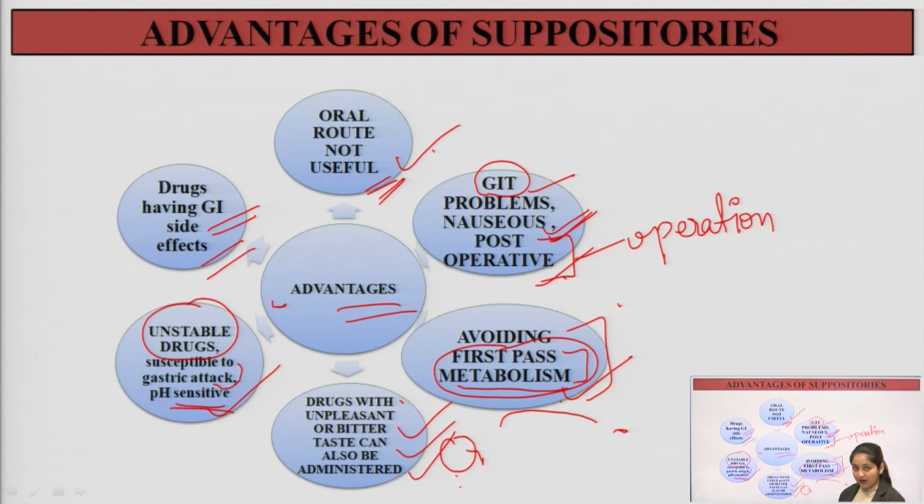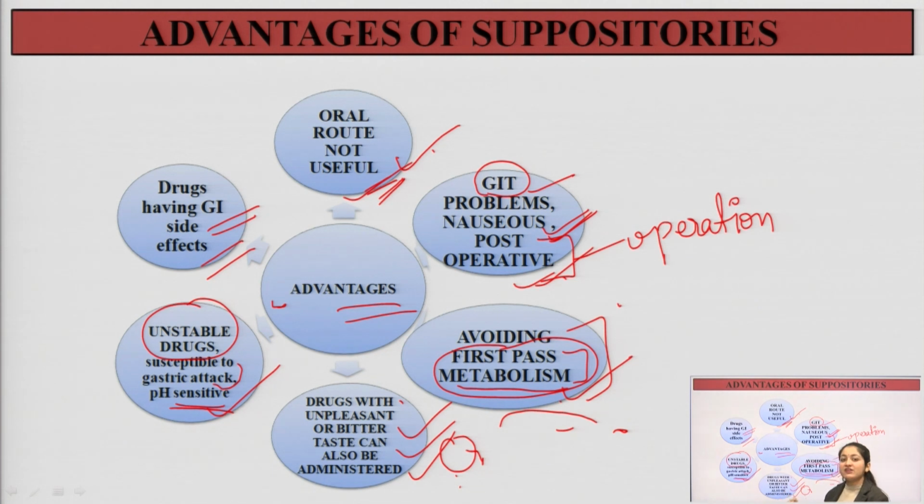So, clubbing these advantages together: first of all, whenever the oral route is not useful, we often go for the suppository route. It is also feasible for GI patients, post-operative patients, and patients who always have problems with nausea and vomiting. Suppositories also have the power to avoid first pass metabolism, so in those cases also we can administer suppositories.